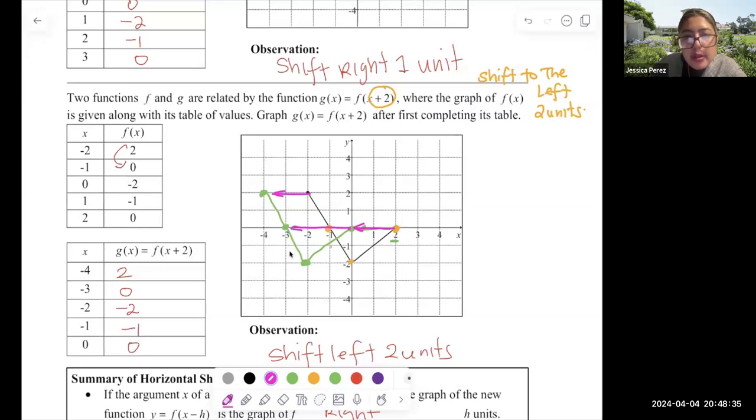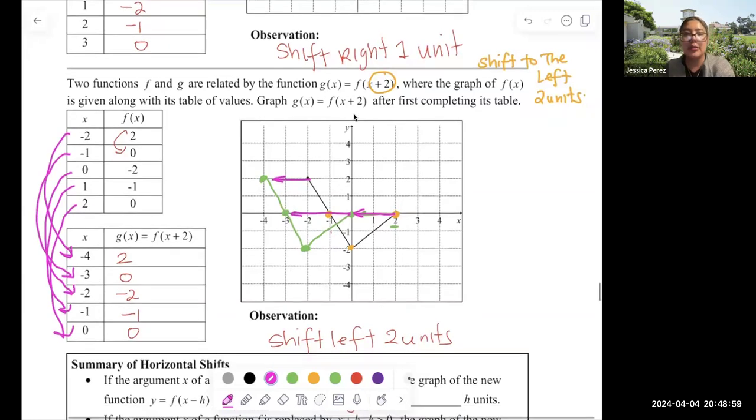So this means you're shifting 2 units. See how this was -2, now it's going to be -4. So look at the X's: subtracting a 2 from each, because you're shifting to the left 2 units.